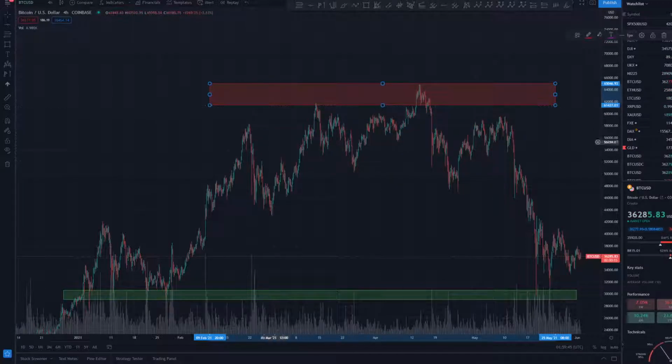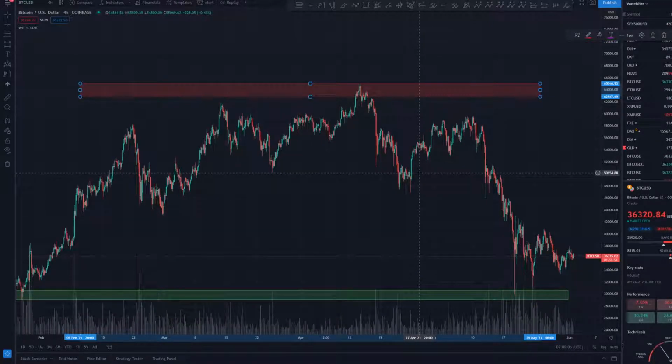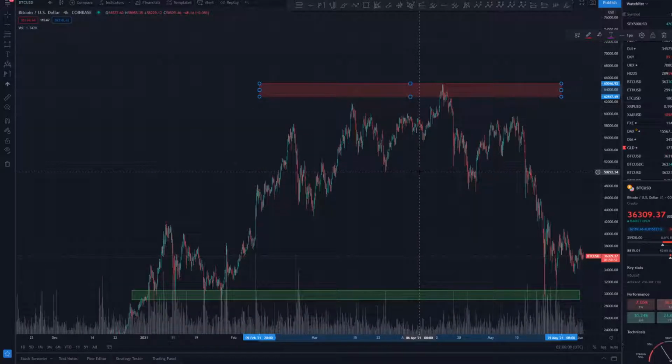If there's a lot of sellers willing to sell or short at this level, when price comes into it, it will go back down because the sellers overpower the buyers at that given time. So that's a resistance level. There are different ways that we find support and resistance that get into more in-depth technical analysis, but it's very simple.